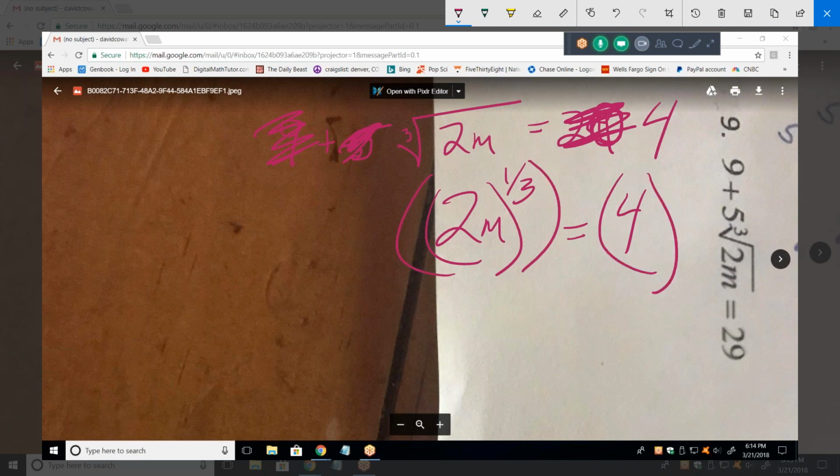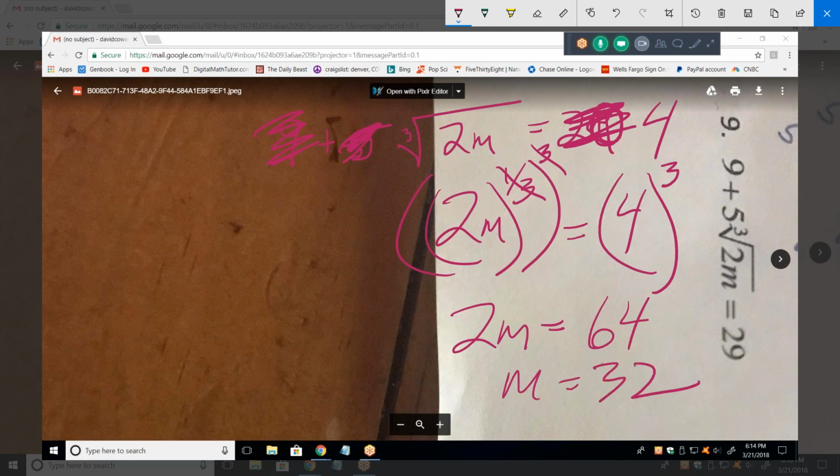Which is what? 2m to the power of 1/3 to the power of 3/1. So just the power of 3. And you do 4 to the power of 3. All right. So these cross off, and it leaves me with 2m equals 4 cubed, which is 64. M equals 32.